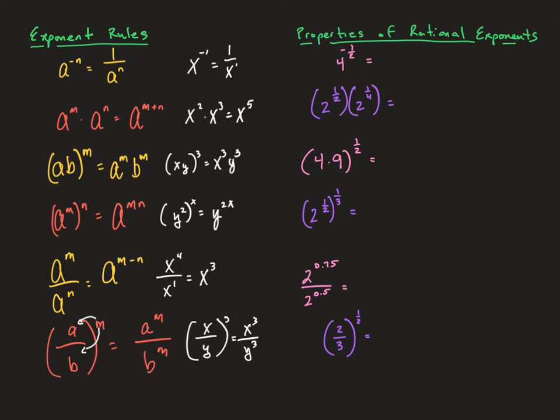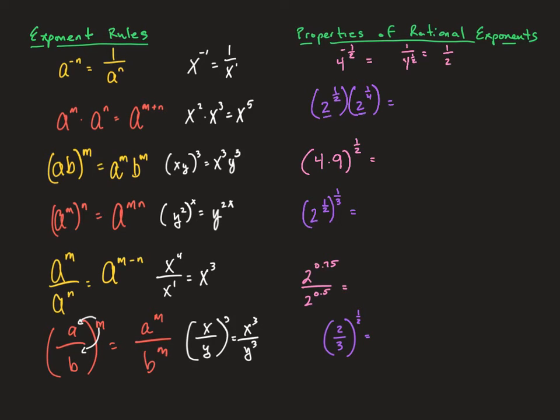Okay, so converting these into the properties of rational exponents, if I have 4 to the negative 1/2, that is going to be the same thing as 1 over 4 to the 1/2, which turns out to be 1 over 2, because I'm looking for the square root of 4, which is 2. Now I have two like bases here.